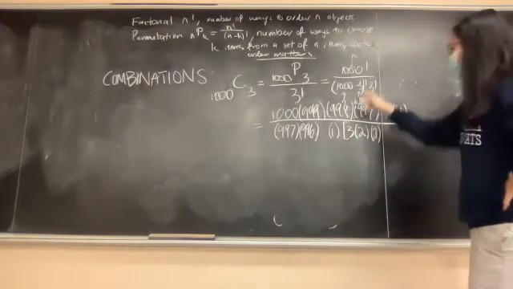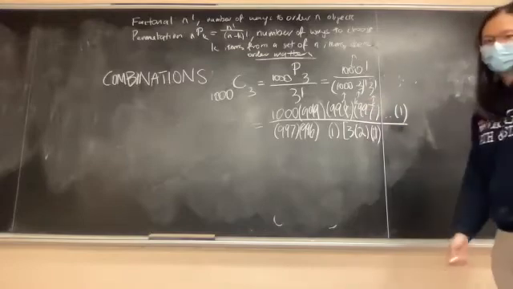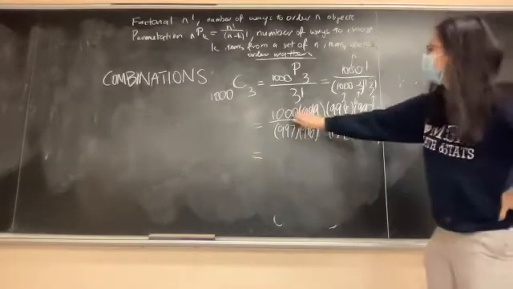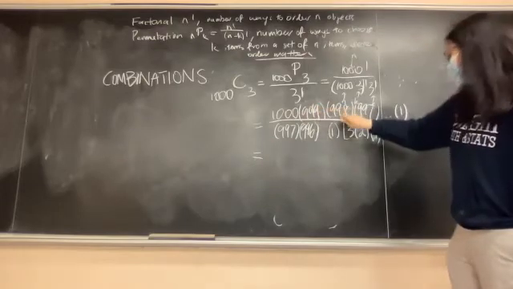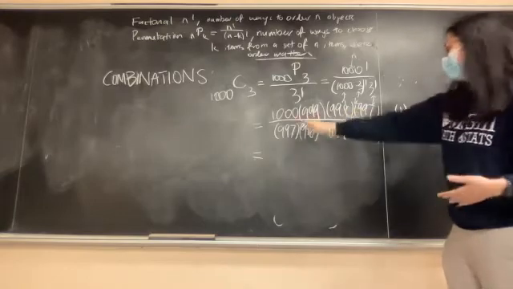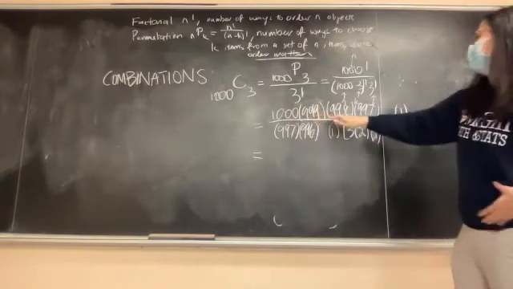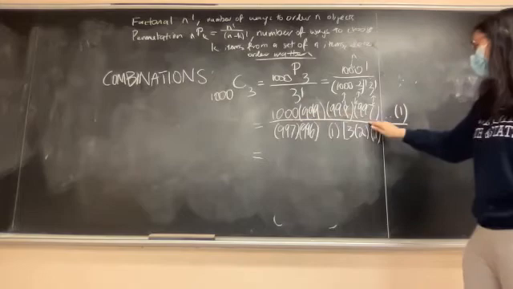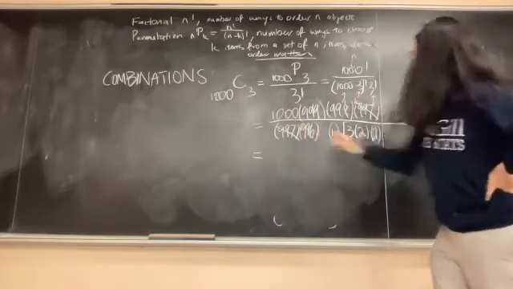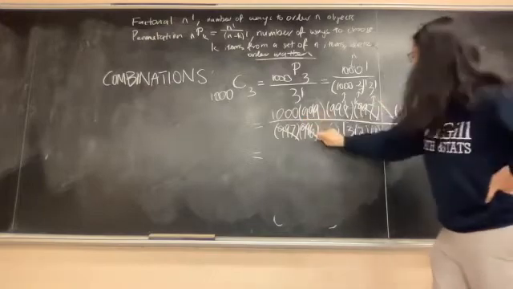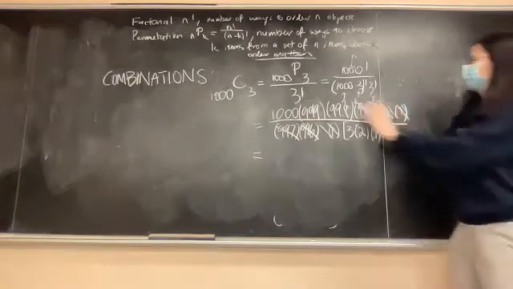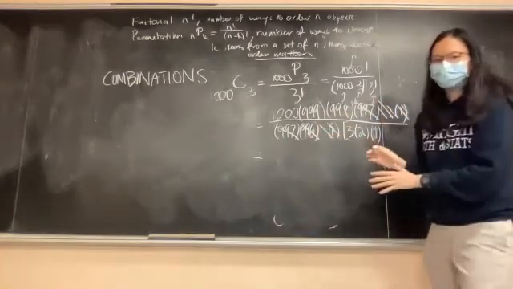This is basically just expanding the formula. But if you see 1,000 times 999 times 998, from 997 onwards, everything beyond here just cancels out each other. Does that make sense?